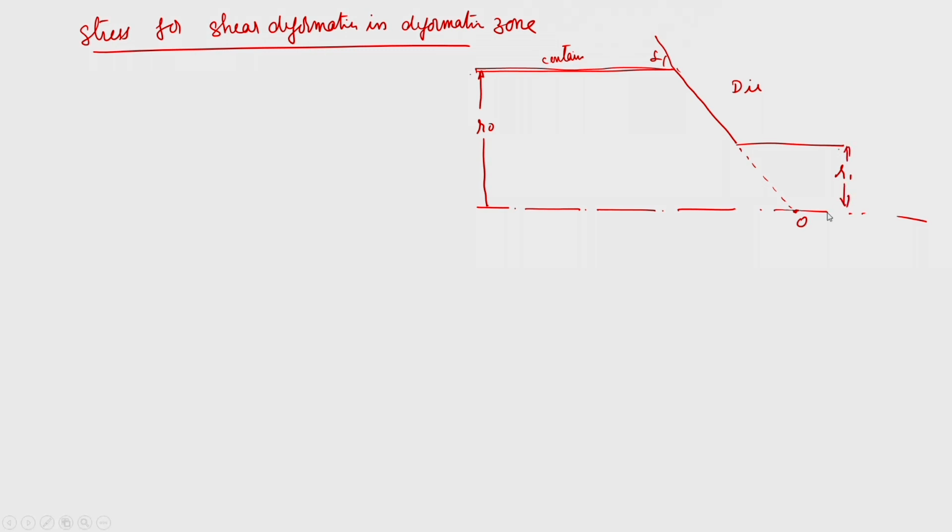So, this is the die, let us say. This length, if it is r, this is your alpha.